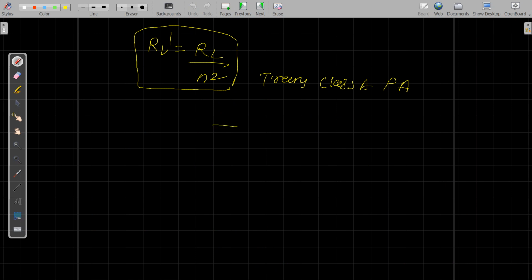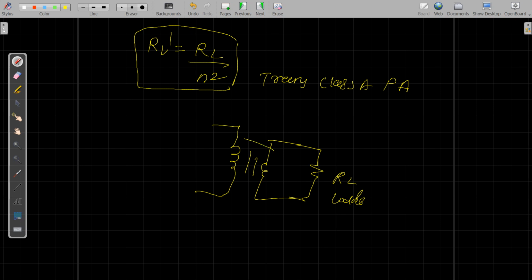Here is your load, nothing but your loudspeaker. When this is an ideal transformer, this is N1, this is N2, then this RL will get reflected at the input side, nothing but your RL dash, and this is the relationship between RL dash and RL.